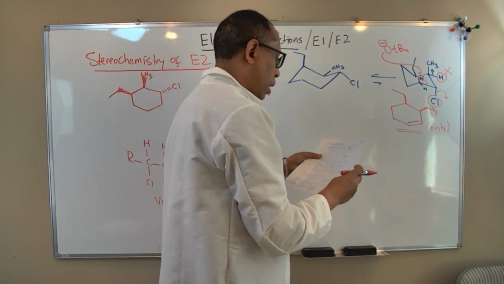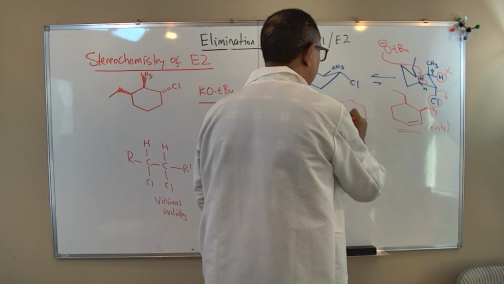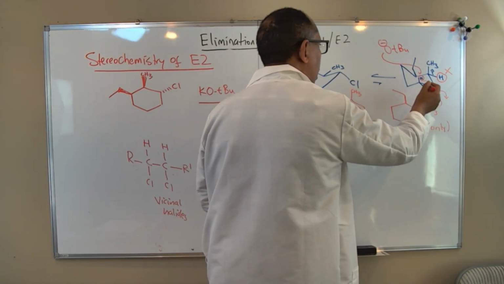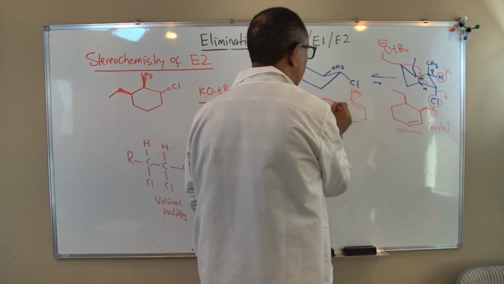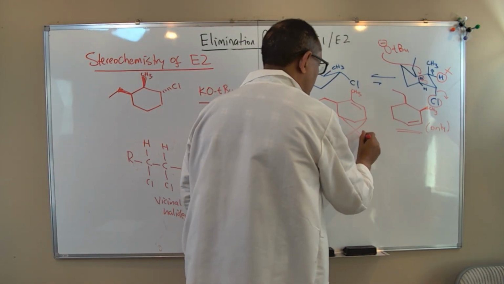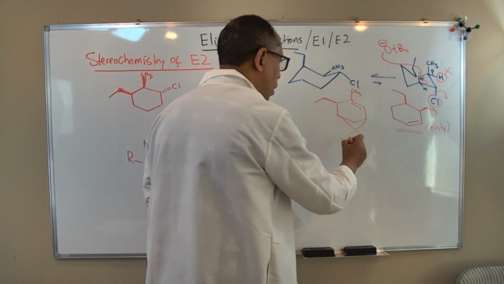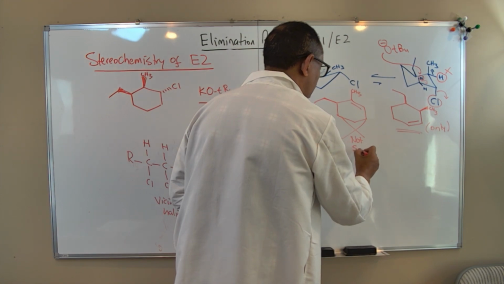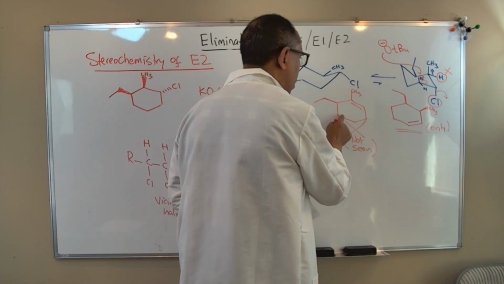You don't get the other conformer, for example, even though it's a more stable conformer. By eliminating this hydrogen, you would have gotten this product. But this is not observed because it's not antiperiplanar. This product is not seen.